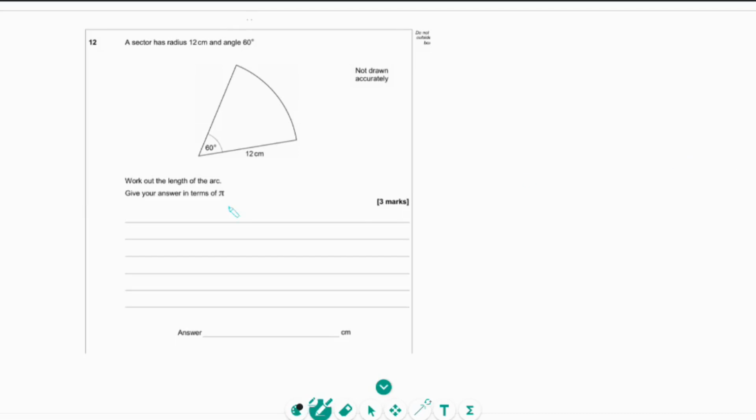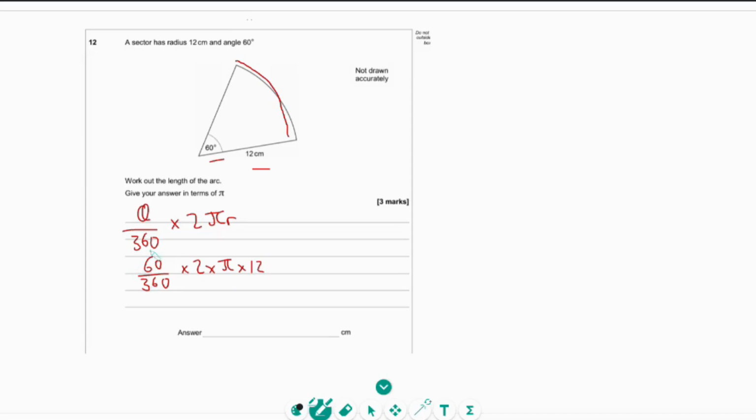The sector has radius 12, angle 60. Work out the length of the arc. So what's the formula for arc length? Theta over 360 times 2 pi r, because it's like a proportion of the circumference. Theta 60. Radius is 12.